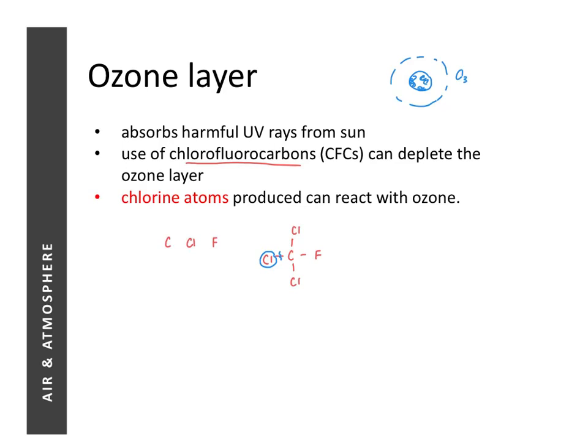And chlorine atoms, if you look at the electronic configuration, it is not stable. In fact, it has an unpaired electron. Later on you will learn that it's called a radical. So it's highly reactive. It's going to react with ozone to form something else, leading to the removal or the depletion of ozone.